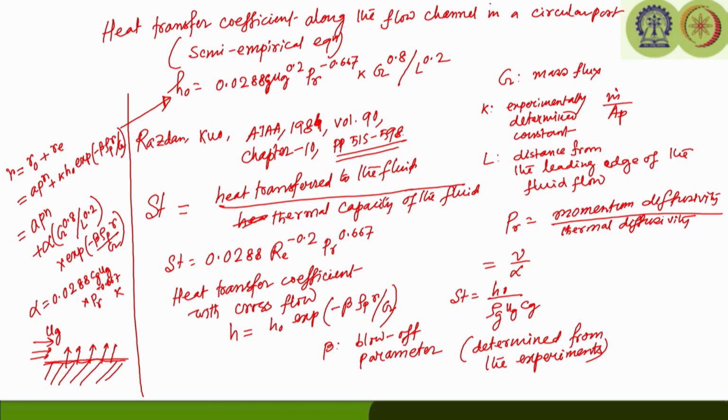So, the blow up parameter is going to give us from the experiment how much blow up is happening from the burning surface. So, beta, the blow up parameter, is relating this one, and alpha is combining the physical properties of the fluid and the flow properties. So, this is the combined form of the equation.